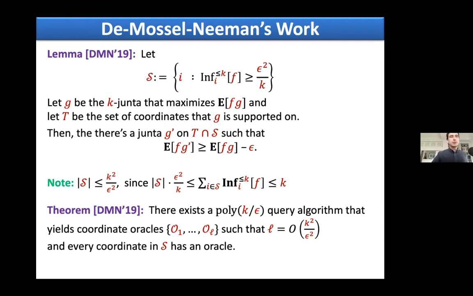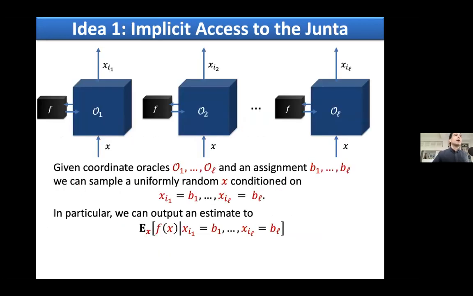So why is it useful to get coordinate oracles? Well, if I'm now sampling a random input, then I just see the projection of the coordinate oracles to the interesting variables. So I can see random samples of inputs and output to the underlying function, the function from L bits to 1 bit. But the first idea that we had is that it would be nicer if, instead of sample access to these L coordinates, we could have query access to them.